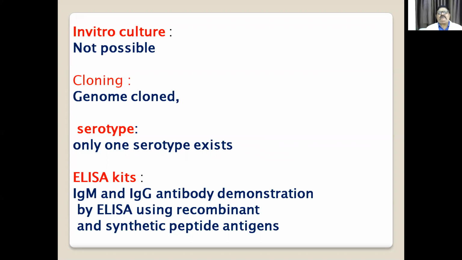So only one serotype exists, and hepatitis E is also important in the context of epidemiology and clinical presentation, and differentiation is important. Now, that brings us to the last one, that is hepatitis G virus.